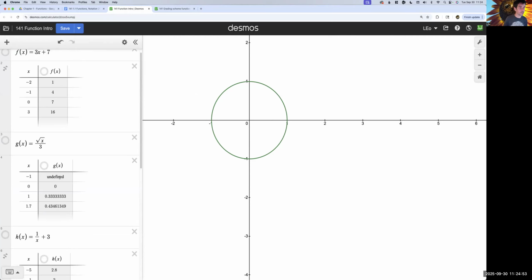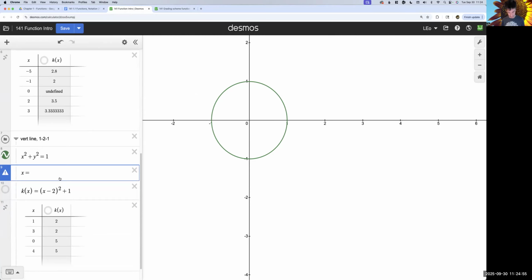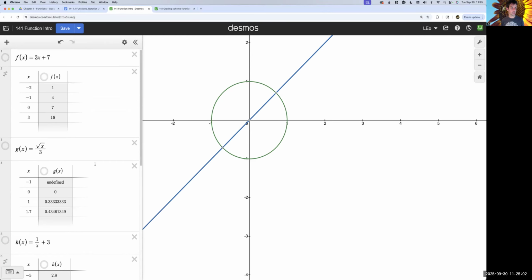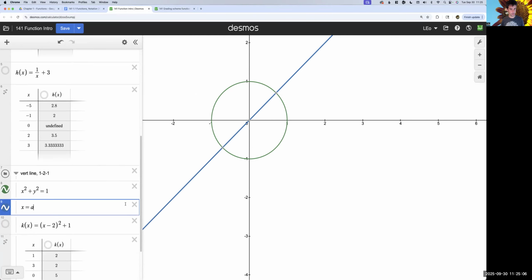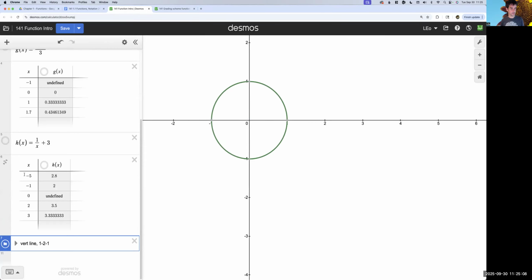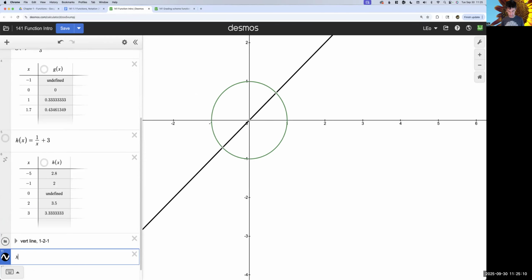I'm choosing letters that I'm using in other places to be things. So let's try. Huh. That is odd. Not quite sure why that's happening. Let me try one more thing. Let's get out of this. Huh. I don't know why it's not letting me make, but that's all right. We can get around this. Let's do the vertical line test by hand.